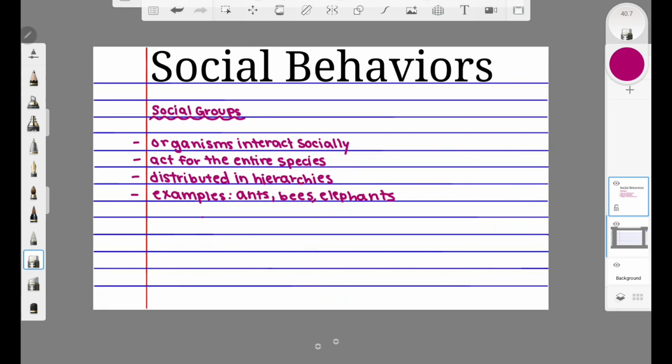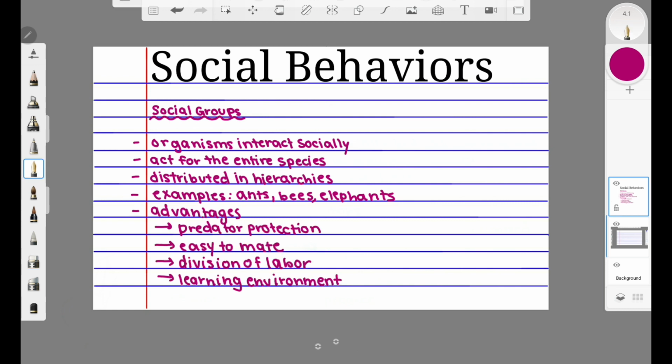Some examples are groups of ants, bees, and elephants. Some advantages: we get the same predator protection. Since there are more organisms, it's less likely that a specific organism is going to be attacked, or there is more protection in the sense that more organisms are more likely to spot the predator.